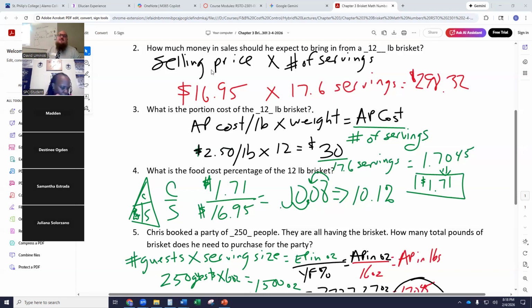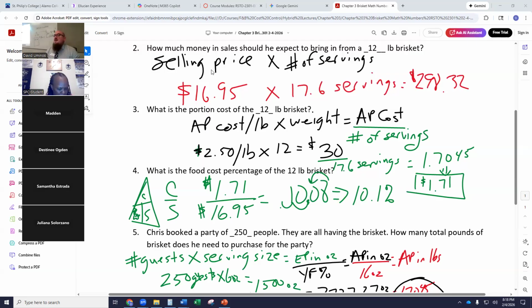So when we ask how much money in sales we should expect to bring in from a 12-pound brisket, we take our selling price of $16.95. We multiply it by that 17.6 servings that we got from the first answer, and it gives us $298.32. Okay.